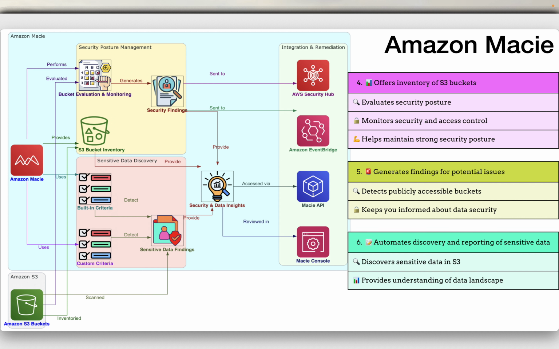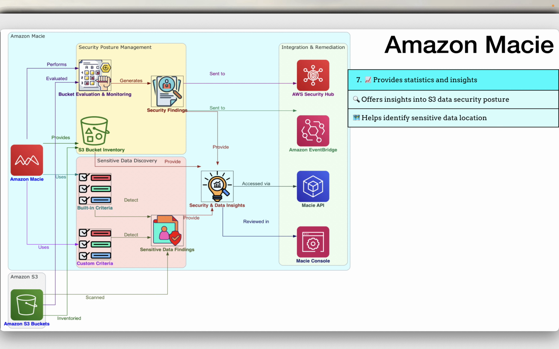Macie automates the process of discovering and reporting sensitive data stored in Amazon S3, providing you with a better understanding of your organization's data landscape. In addition to findings, Macie offers valuable statistics and information that offer insight into the overall security posture of your Amazon S3 data and help identify where sensitive data might reside.